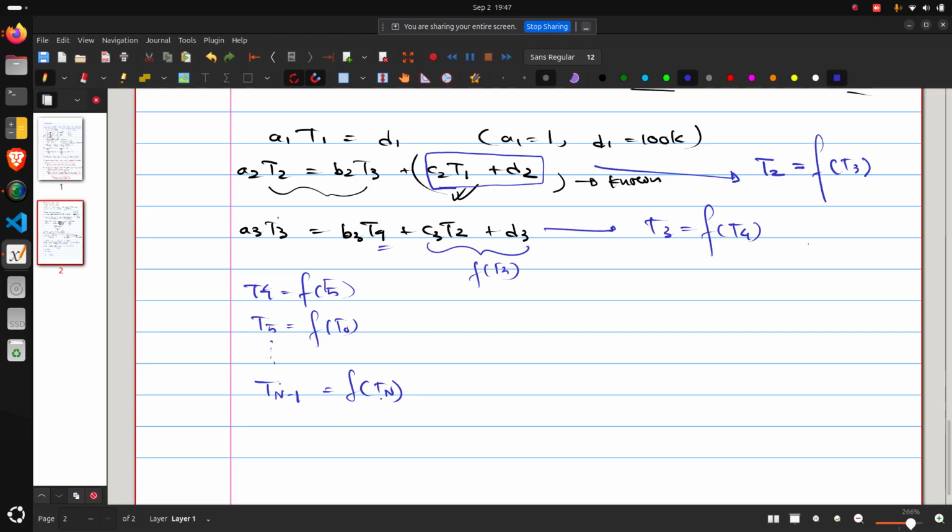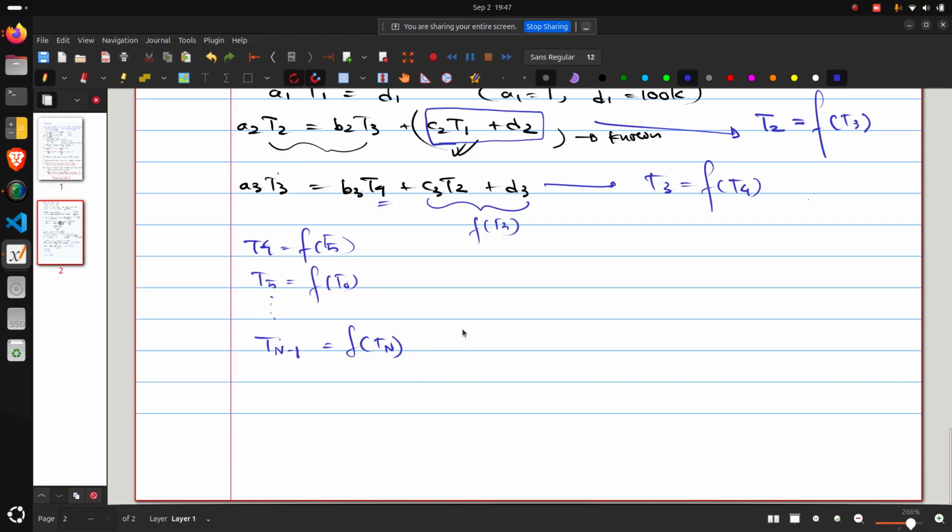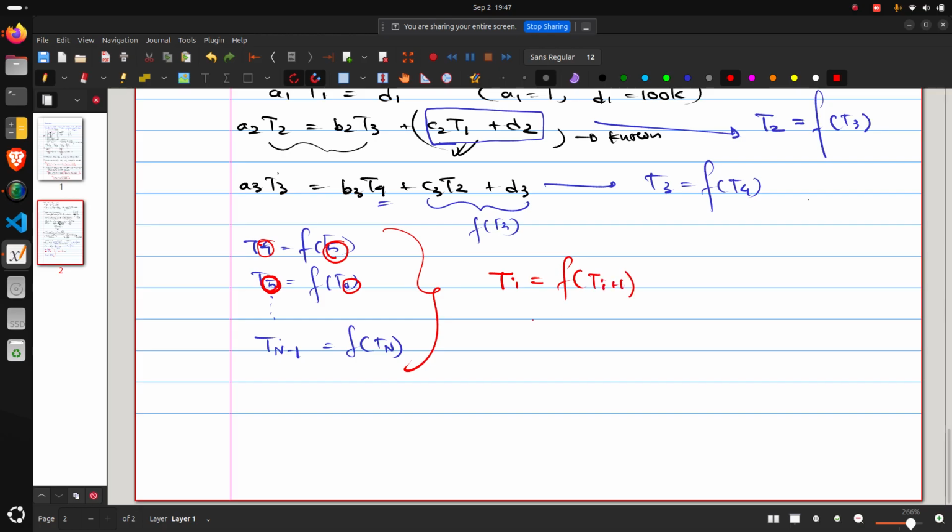So now that we get the function in this way, since these are all linear equations, we can formulate an equivalence to this, right? So this is the form that we get. We can see that the fifth position value depends on the sixth position value, the fourth position value depends on the fifth position value. So the ith value will depend on the i plus 1th value, right? So we can write something like this. We can write Ti is nothing but a function of Ti plus 1, right?